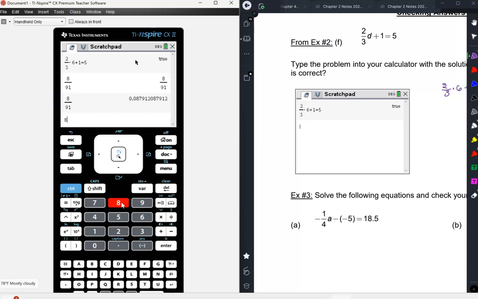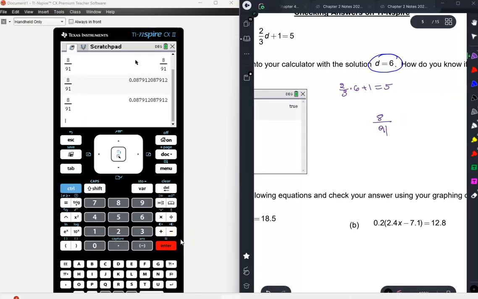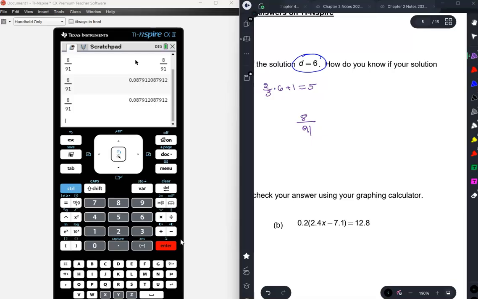So let's do 8 divided by 91. Don't press enter. Press the blue button, control enter, and it will give you the decimal.